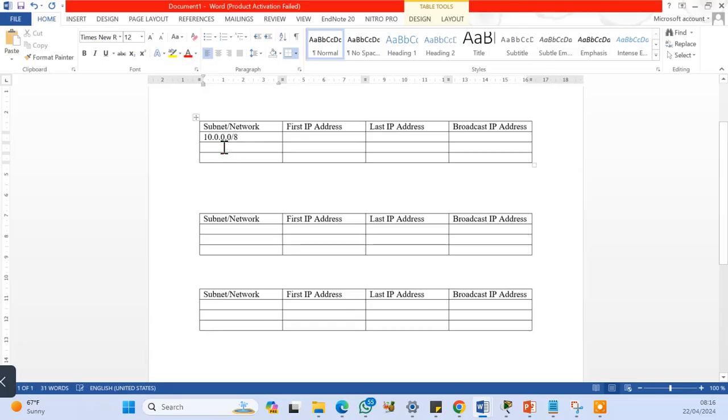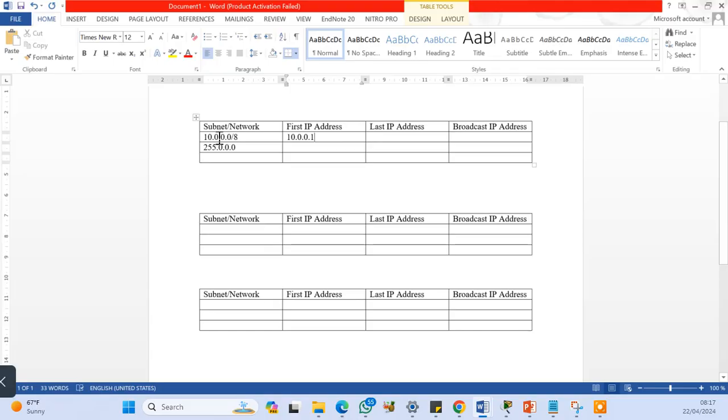The subnet mask here is 255.0.0.0. So the first usable IP address will be 10.0.0.1, and then the last, remember the magic number.